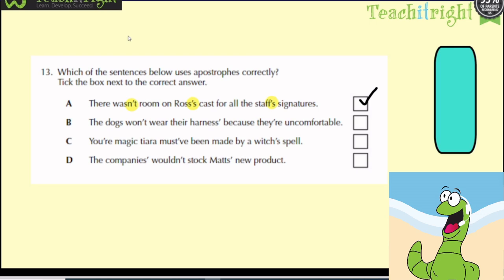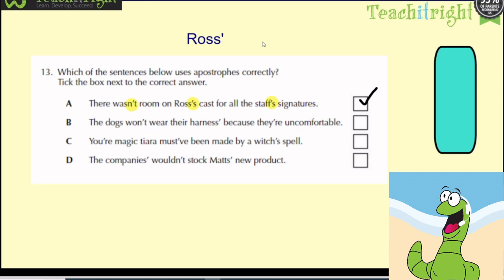Therefore, that is the plural word, and the apostrophe goes before the S. It's a little bit confusing because with Ross, you could put the apostrophe after the second S and then not add another one, and that would still show that it was belonging to Ross. So there are two ways of recording that one, but all the apostrophes used in sentence A are correct.